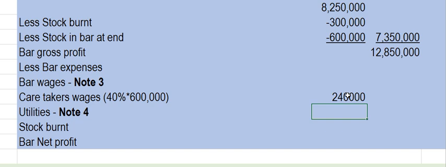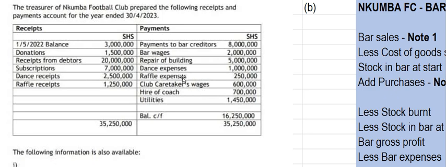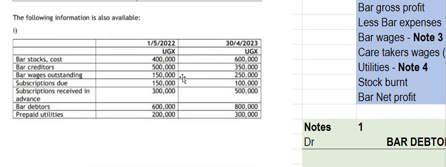Bar wages, I think we have some more information about the bar wages. You see the receipts and payments account. There is a 2 million payment for bar wages. But then in the additional information we have bar wages outstanding, meaning there is an opening bar wages outstanding.